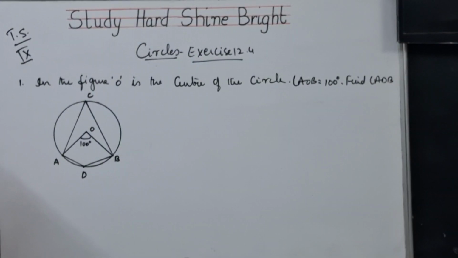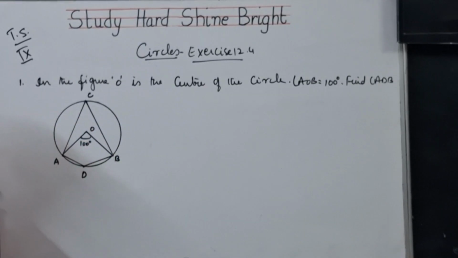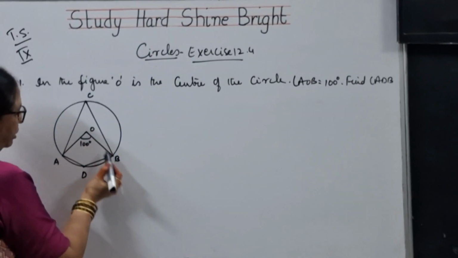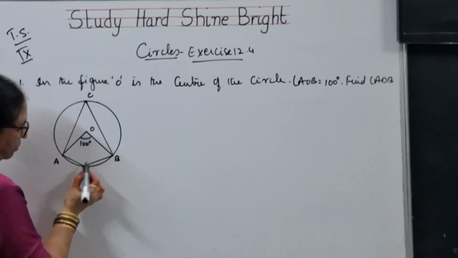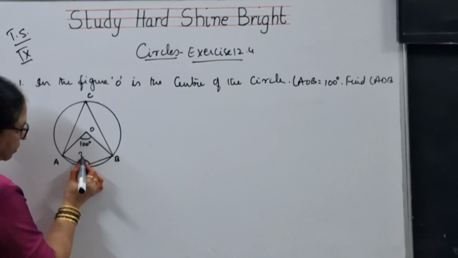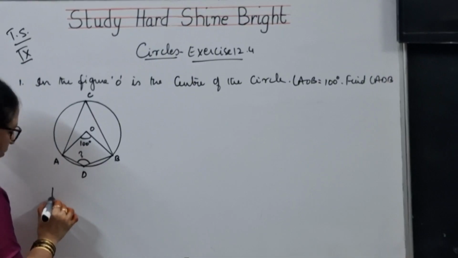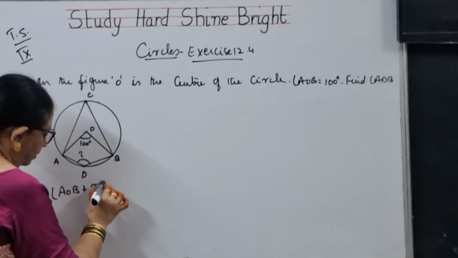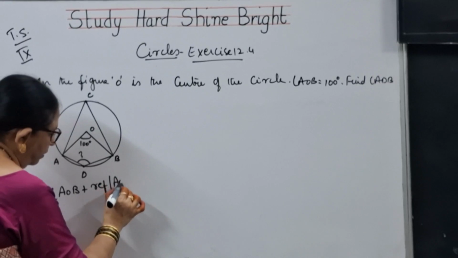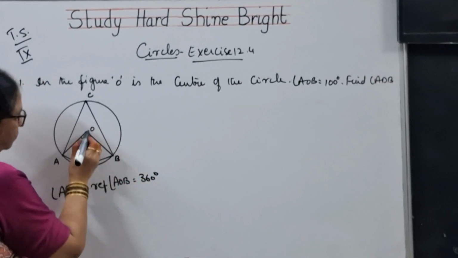Now, in this first problem, exercise 12.4, in the figure, O is the center of the circle. Angle AOB is 100 degrees. Find angle ADB. This angle is how much they are asking. Okay, this is the question. Now, angle AOB plus reflex angle AOB is equal to 360 degrees.